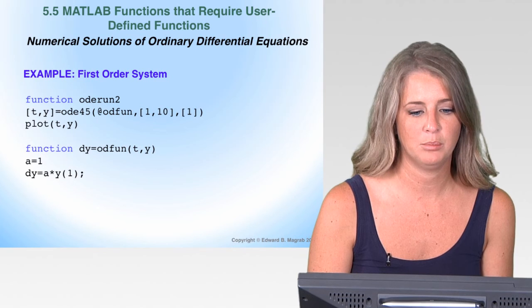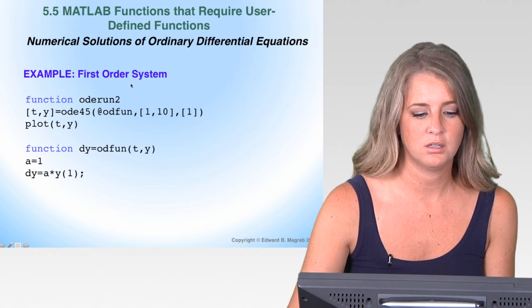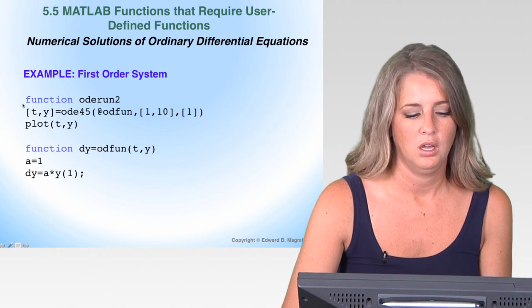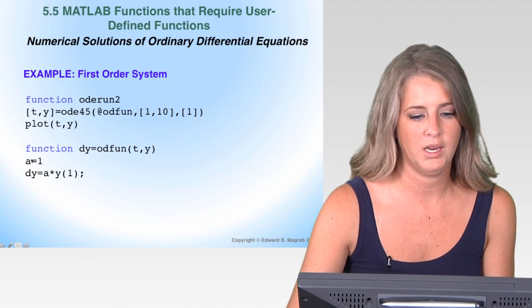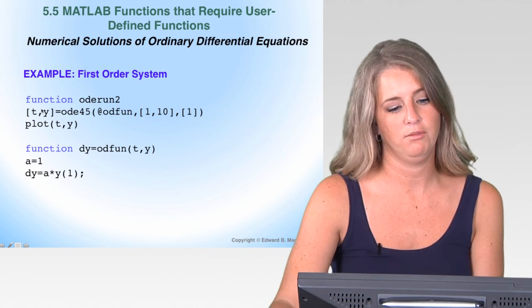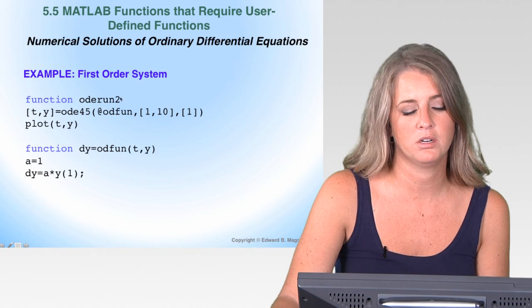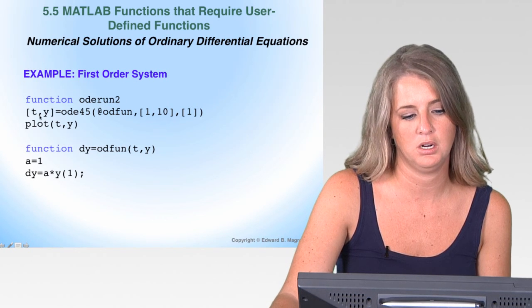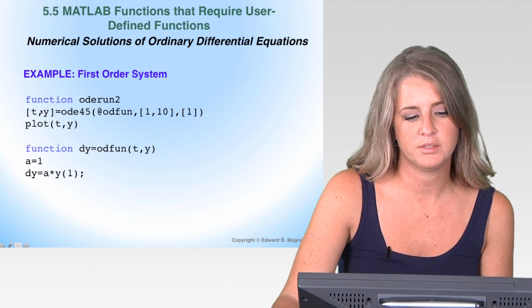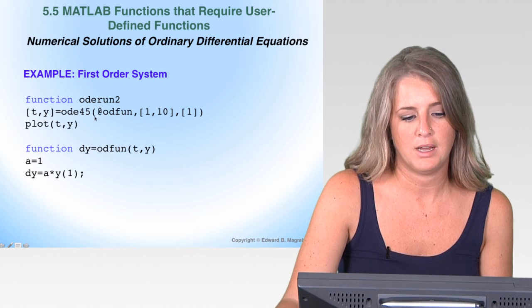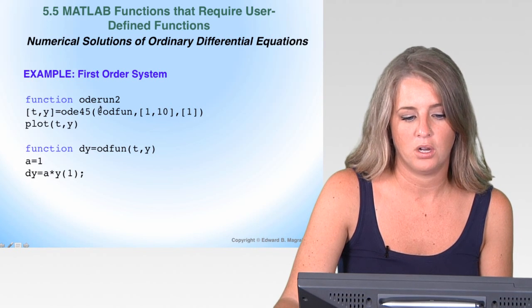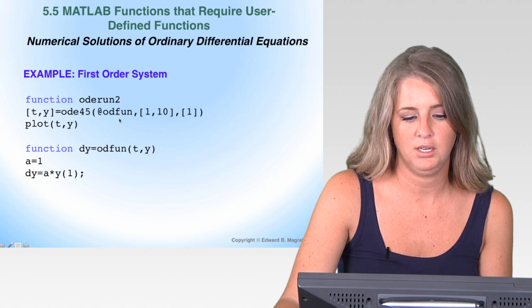Here's just more of the example. This here just shows you the general way that we would set up the ODE45. So we have function ODE run 2. This is just the name of our function here. Here are our output variables. Here's our ODE45. And then we're calling this function here.